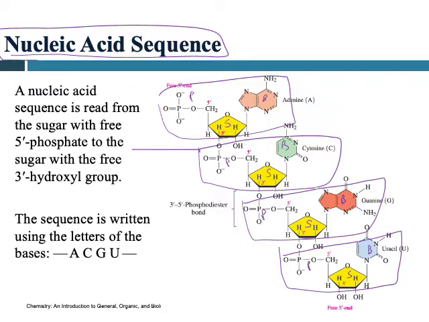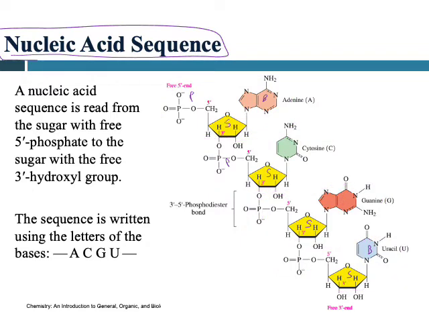And how are they attached to each other? If you can see, all the 4 nucleotides, 1, 2, 3, 4, are attached through a phosphodiester bond, a second phosphodiester bond, a third phosphodiester bond.